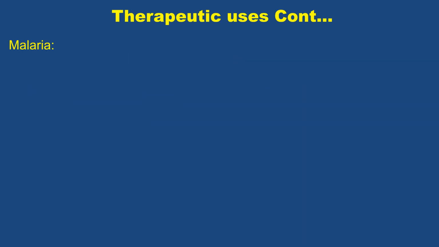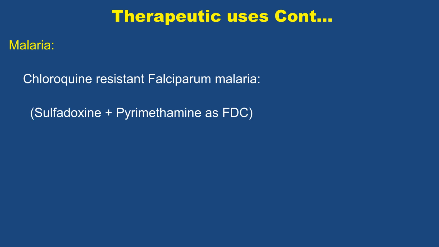Coming to the malaria. So in malaria, mainly in chloroquine resistant Plasmodium falciparum, this combination therapy of sulfadoxine and pyrimethamine acts as a fixed dose combination. Pyrimethamine at a dose of 25 milligram with sulfadoxine at a dose of 500 milligram weekly is to be used as a prophylaxis.